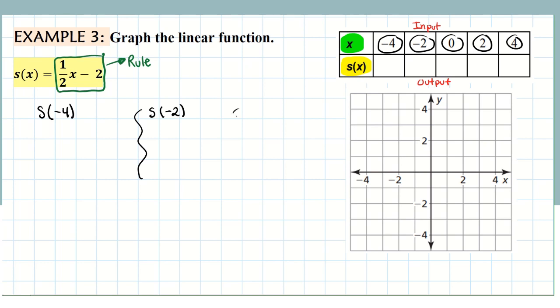So we have s of -4. We're going to evaluate s of -2, s of 0, and s of 2, and s of 4. And I know that I wrote s of 0 twice, but I'm going to change it later to s of 2.